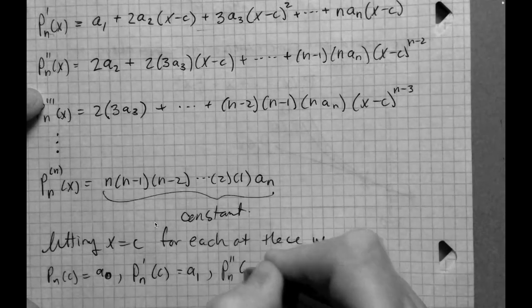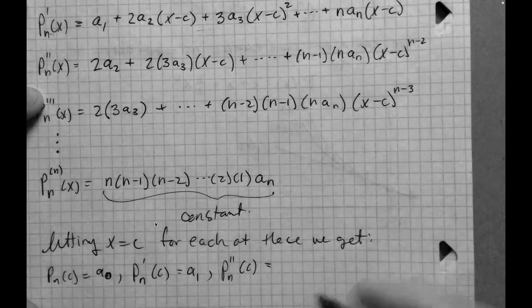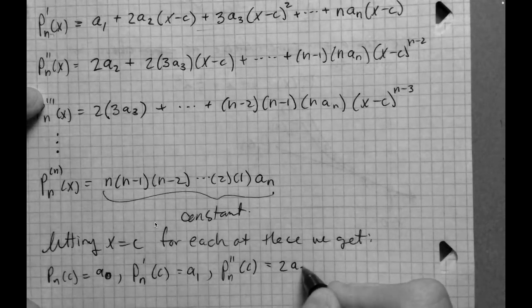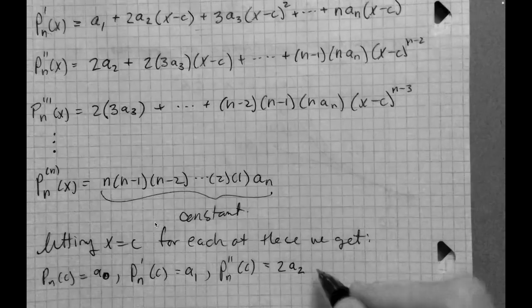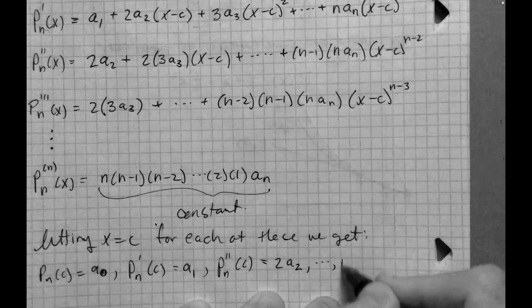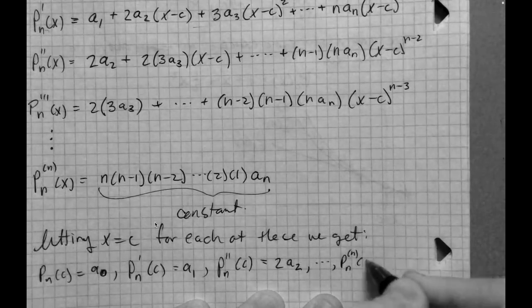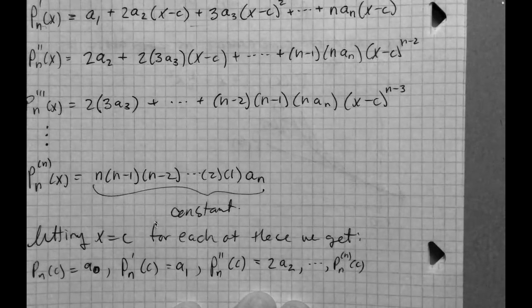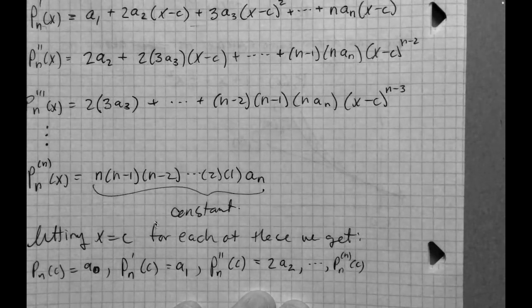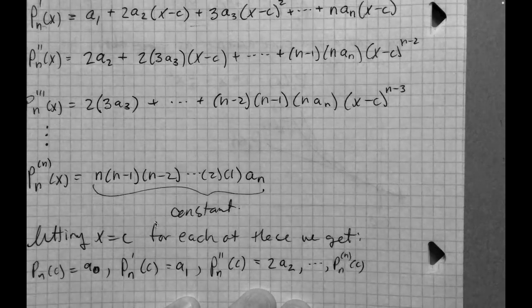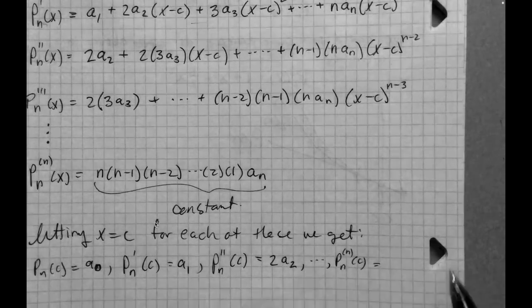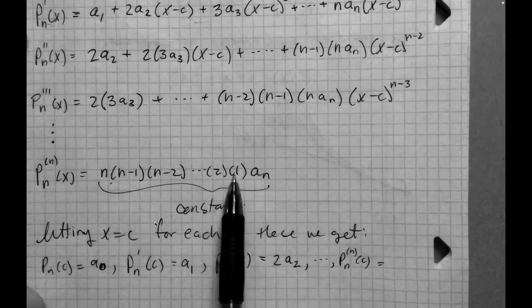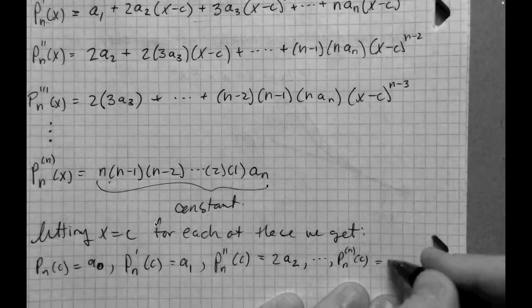The second derivative evaluated at c is equal to 2 times a sub 2, and so on, till the nth derivative of p of n evaluated at c is going to be equal to basically this thing here, which is n factorial times a of n.